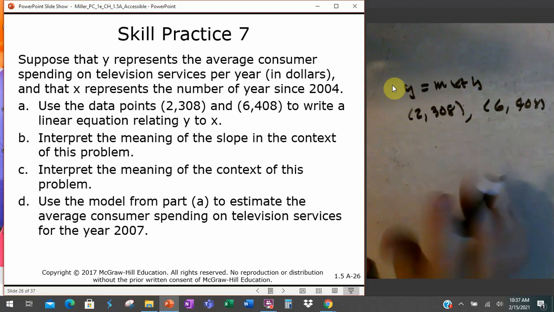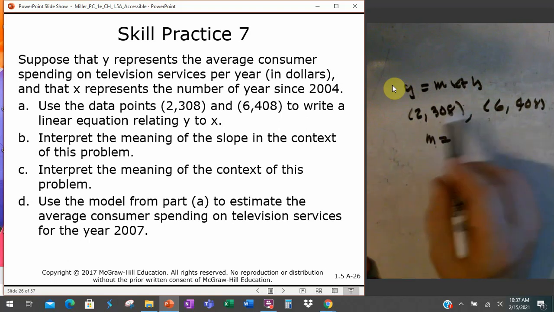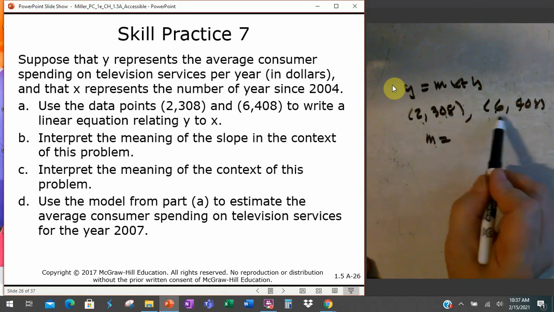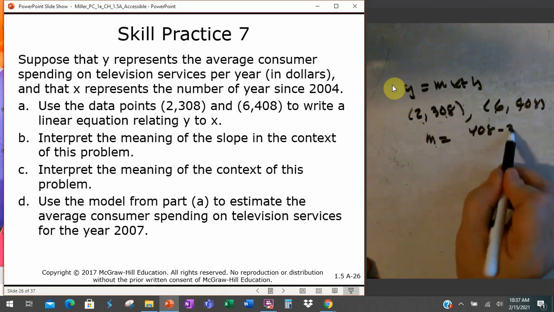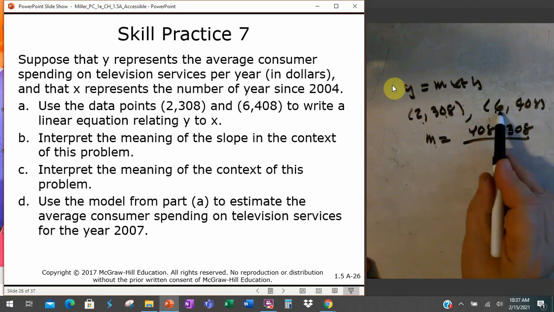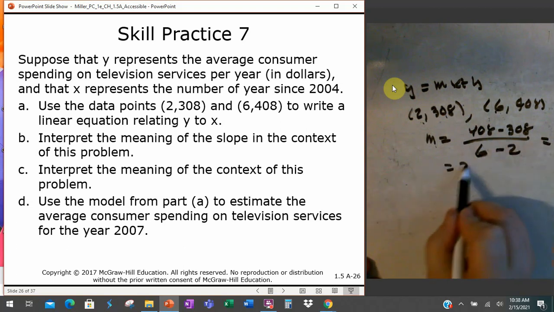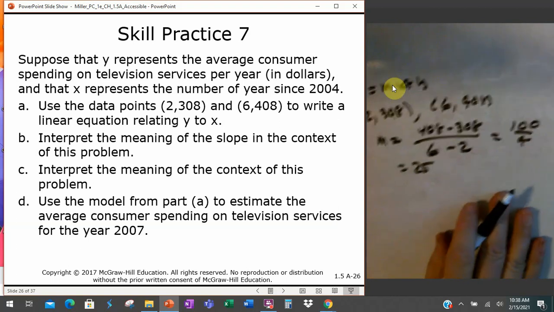I've got 2 points, so the slope is y2 minus y1 over x2 minus x1, which is 408 minus 308 over 6 minus 2. That's 100 over 4, which is 25.